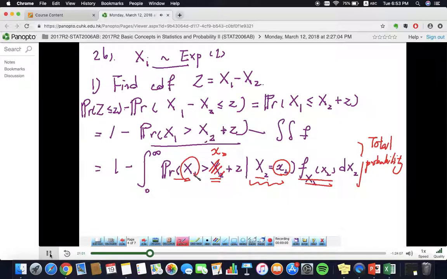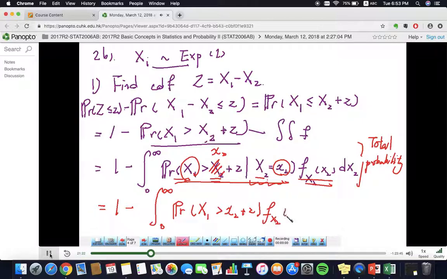So in other words, this conditional probability should not be different from an unconditional probability. So that means we have 1 minus integrating from 0 up to infinity as before, but now the probability x1 bigger than x2 plus z, together with this guy. So here is what we got.